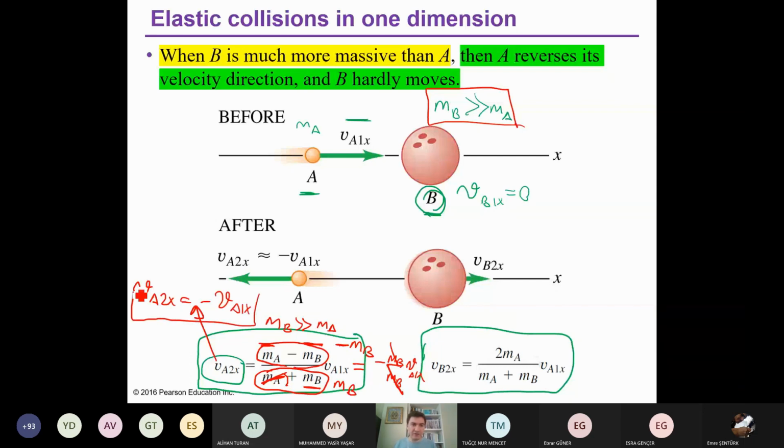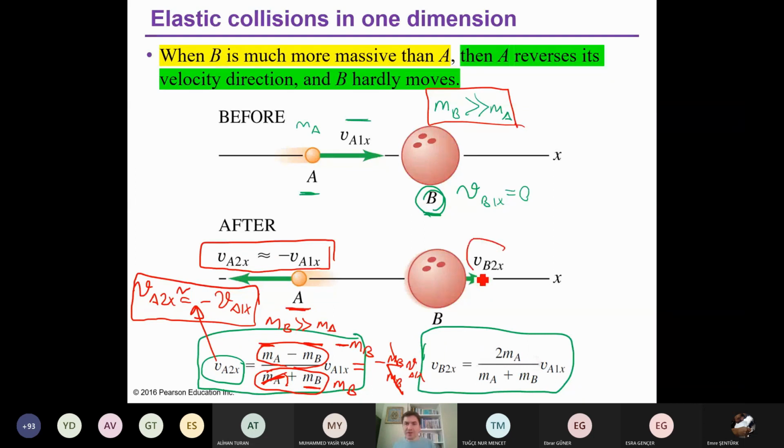If the mass of the A ball is very small compared to the mass of the B ball, what do you see here? This A ball goes back after the collision with more or less the same velocity. So here we have a minus sign in order to show the opposite direction.